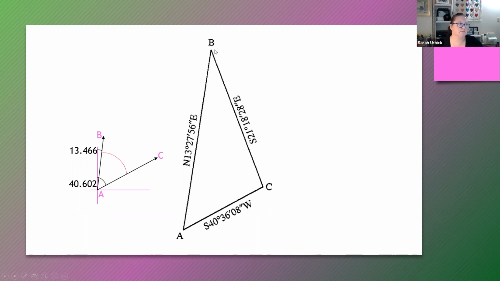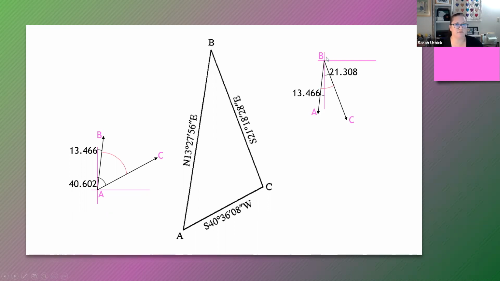Next one, let's look at angle B. Sketch it out. When in doubt, sketch it out. So in this case, we're actually straddling that southern line, right?